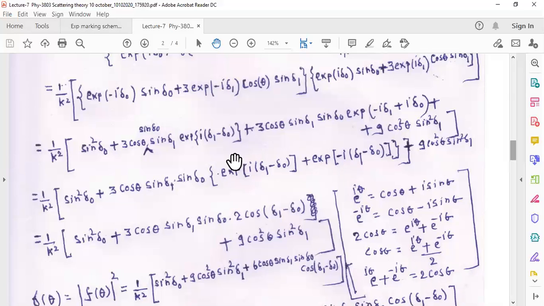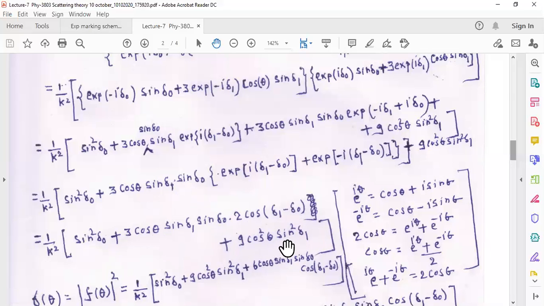And you see this is e to the power of i theta, where theta is delta 1 minus delta 0, and here also theta is delta 1 minus delta 0, of course, and this is minus i theta. So this is nothing but 2 cos theta, right? So I write down sine square delta 0, 3 cos theta sine delta 1 sine delta 0, 2 cos of (delta 1 minus delta 0), and the last term 9 cos square theta sine square delta 1.